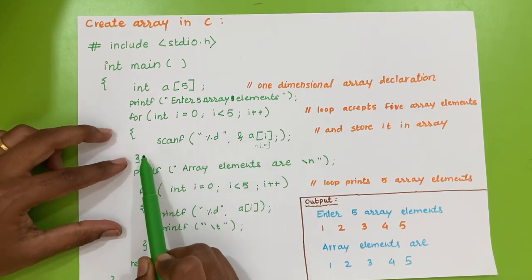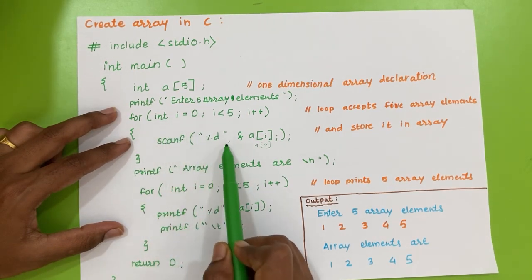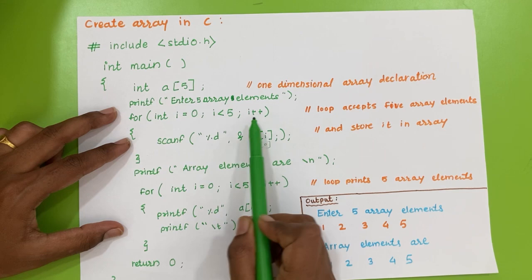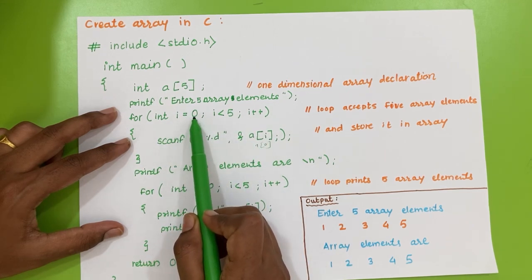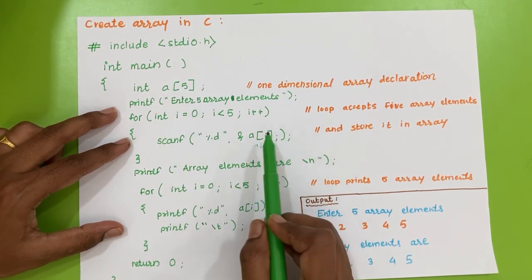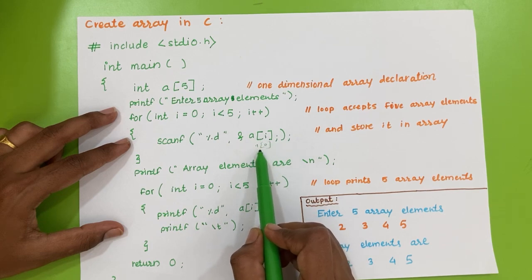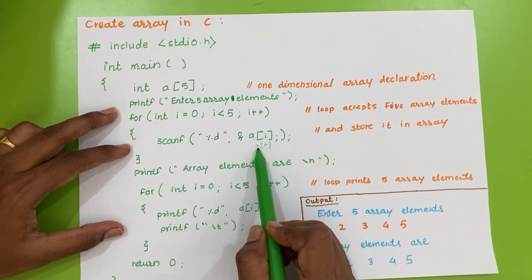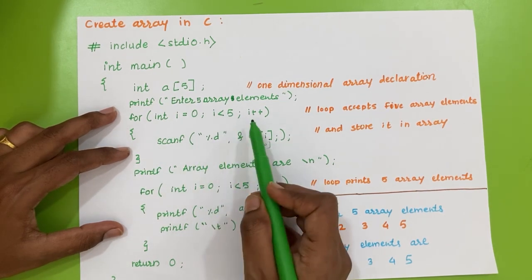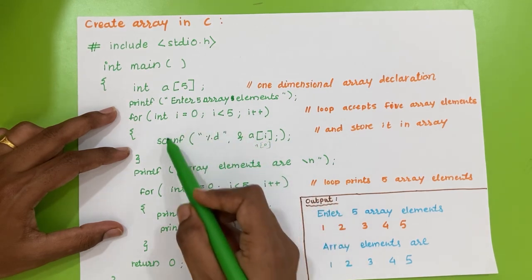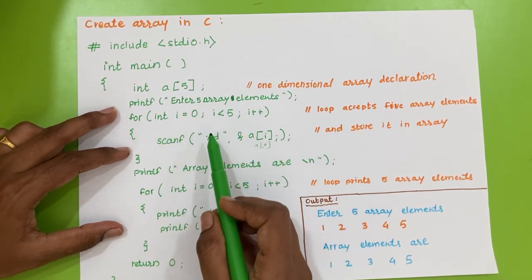Now this will be repeated. i will get incremented and the value of i is 1. The next element entered by the user will be stored at location a[1]. Again i will be incremented, and this will be done 5 times.